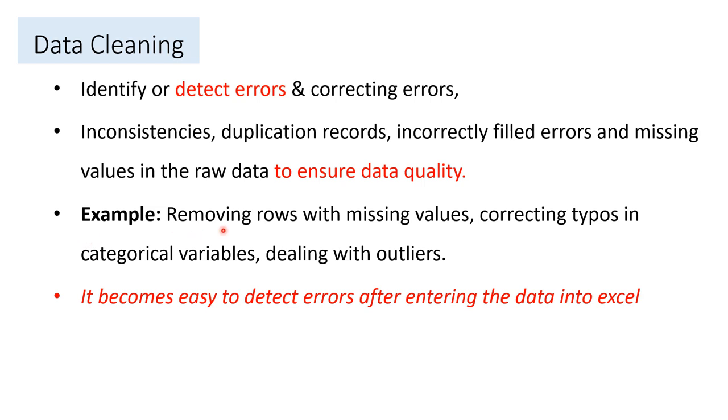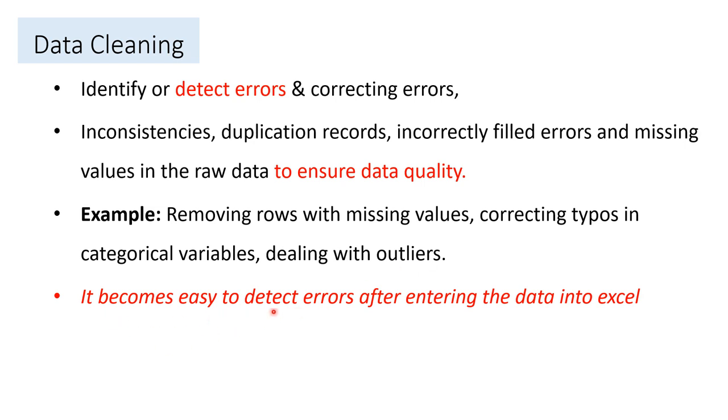Let us see one example: removing rows with missing values. If there is a missing value, we have to remove those rows, exclude or omit them. Correcting typing errors, categorical variables, and dealing with outliers is also very essential before further process.